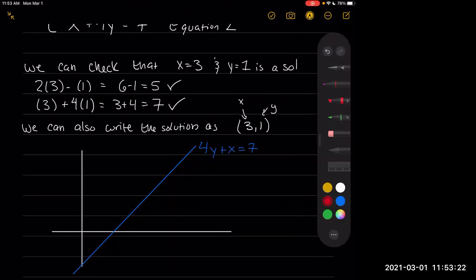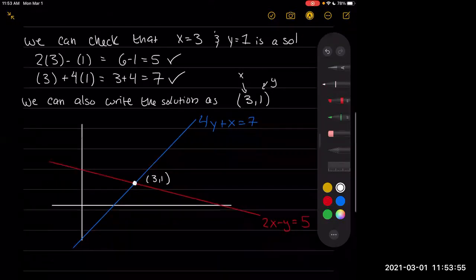And then if we took another line and we did something like this, where this is 2x minus y equals 5, then this point here where they intersect, that is our point (3, 1). So another way to interpret this is the solution to a system of linear equations is the point where they intersect.